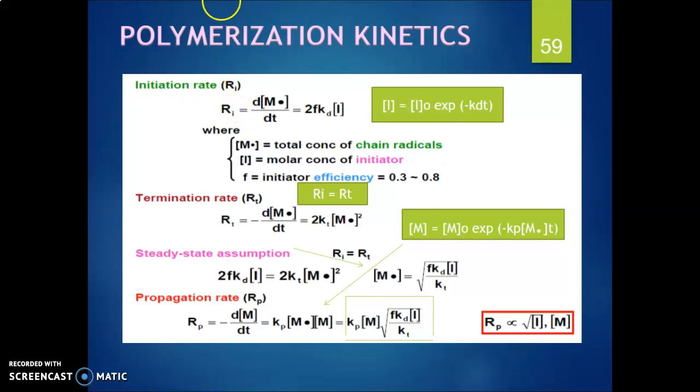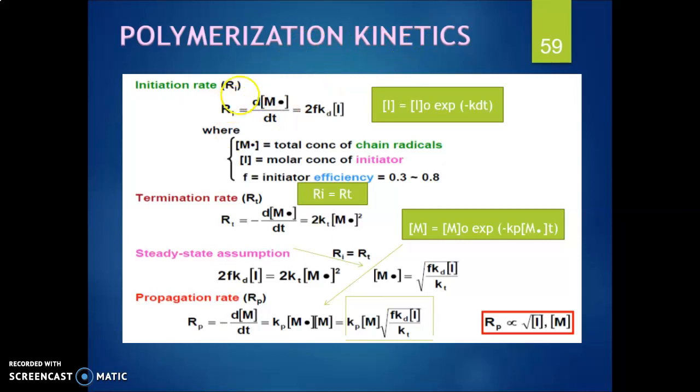Ri is the rate of initiation. Okay, by assuming that the rate of initiation is faster than the rate of dissociation, and accounting for the fact that two radicals are formed during every initiator decomposition, the rate of initiation Ri is represented by the differentiation of the concentration of monomer with time.